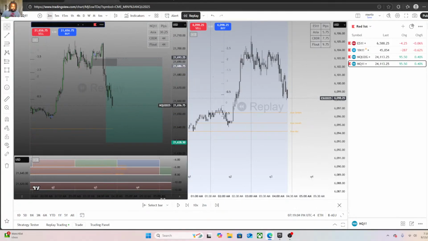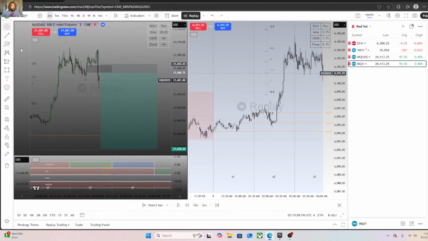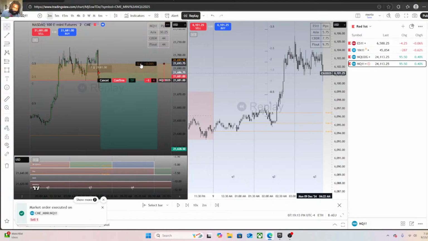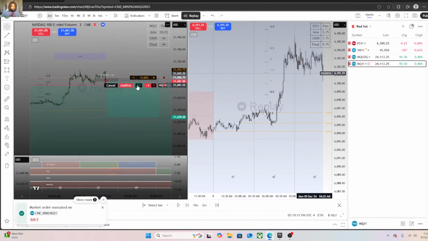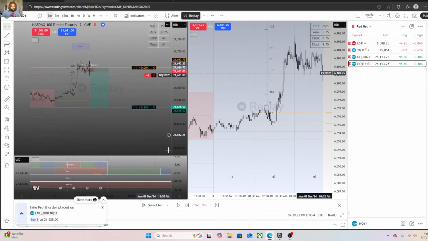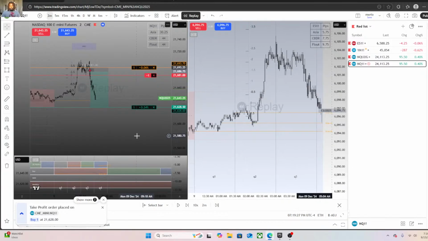Oh, let me put my sell thing on there. I keep forgetting to put that on there. Asia lows. This would have been a trade right here. Let's see. Okay, we're in profit.